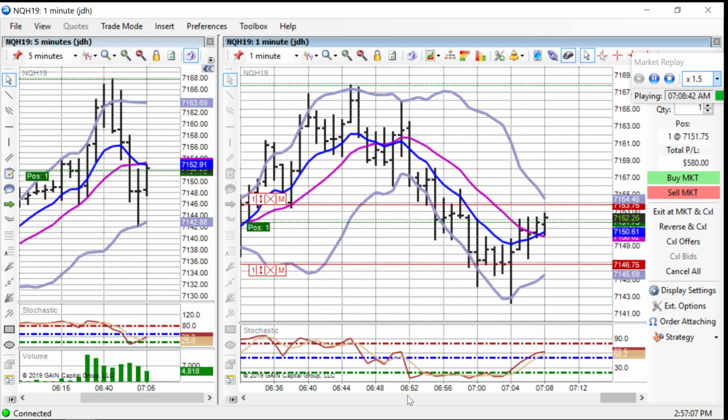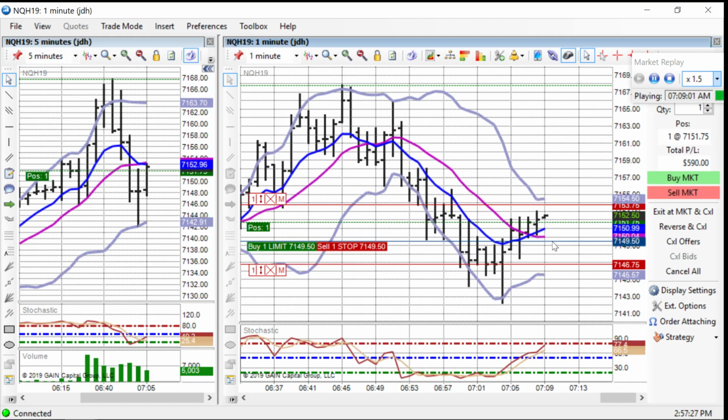So that's one way of using the stochastics: first of all, an alert, but also a confirmation of what you're seeing on the formations. Make sure you're reading everything correctly. The more signals that you have confirming each other, usually the better it is.